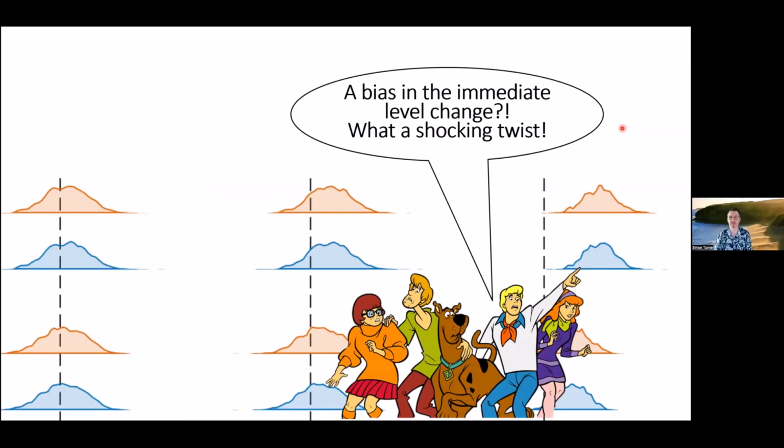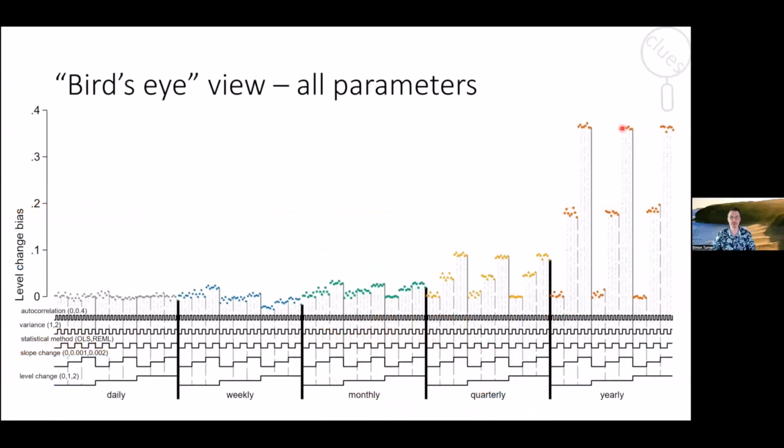One of the graphs I wanted to do is to have a look at all the different parameter combinations and see whether I just happened to pick the one where this happened or whether this was something a bit more systemic. So here's what's called a nested loop plot, and this is showing lots of data. It's like a bird's eye view of all my parameter combinations.